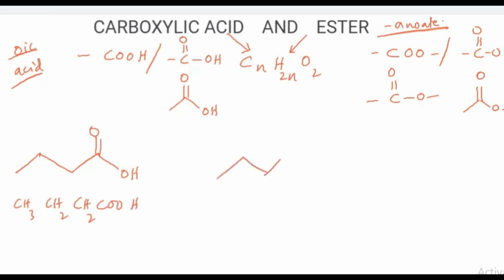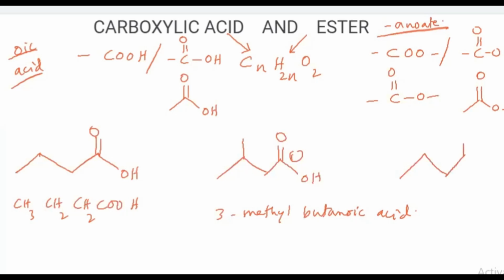But if you draw a structure like this, here, if you add OH, and if you add one more branch, the acid group is always on the first carbon. 1, 2, 3, 4. So this is butanoic acid, but there is a methyl group on the third carbon. So 3-methylbutanoic acid. Then if you add the OH group, the OH group is considered as a hydroxy.